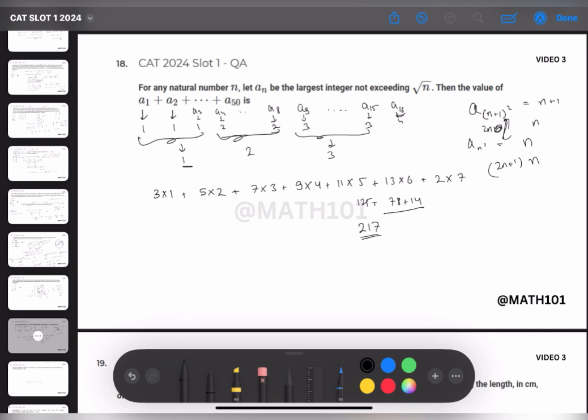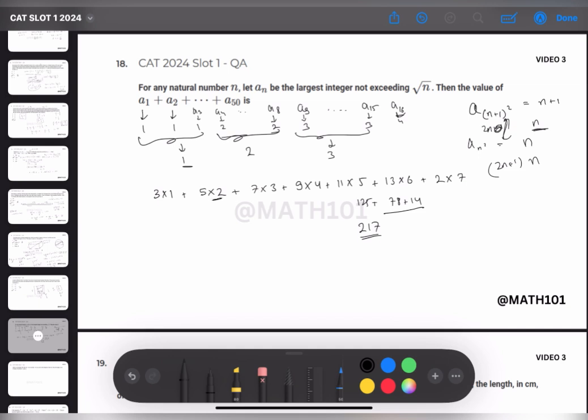For n equals 1, 2, 3 and so on, a1 to a3, there would be 3 numbers, all of those would be mapped to 1. Then when n is equal to 2, a4 to a8, those 5 numbers would be mapped to 2.